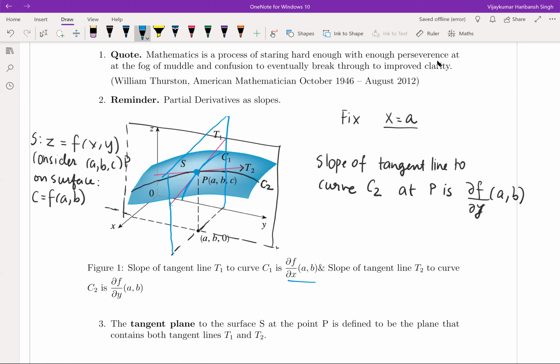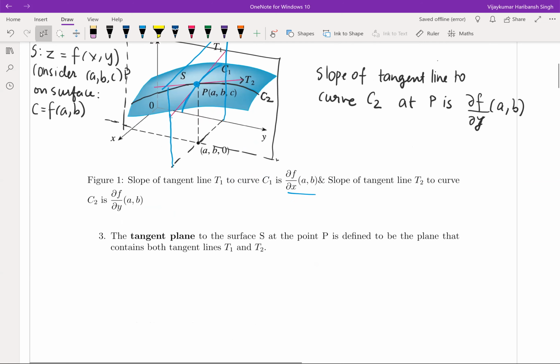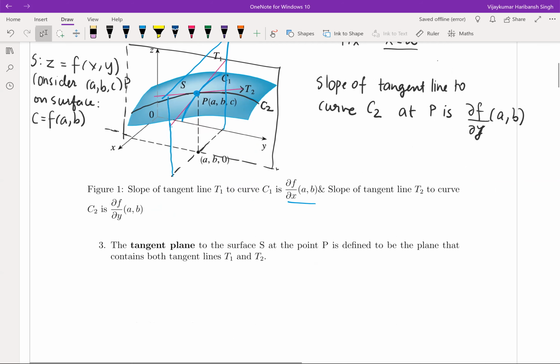So if we take a plane which contains both T1 and T2, these tangent lines at P, then that plane is called the tangent plane at point P to the surface S. Okay, so that is one of the definitions of your tangent plane.